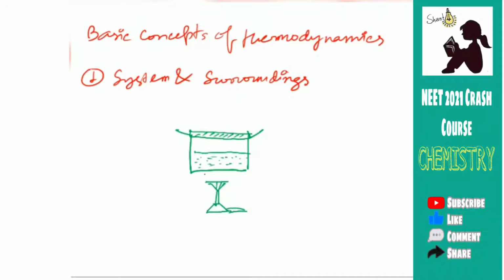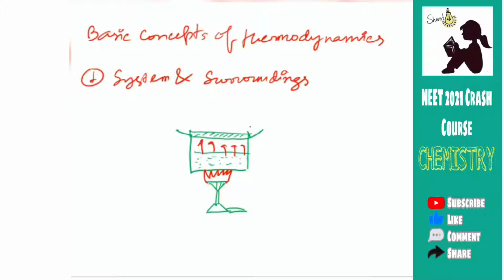So now if we are gonna heat this beaker or jar, then some of the water will vaporize and go up, right? So here heat exchange from this part to this part is happening. So in thermodynamics, the part where the reaction or the heat exchange is taking place is called the system.